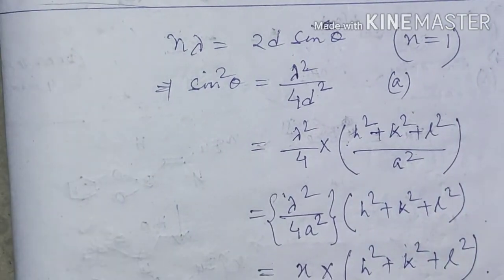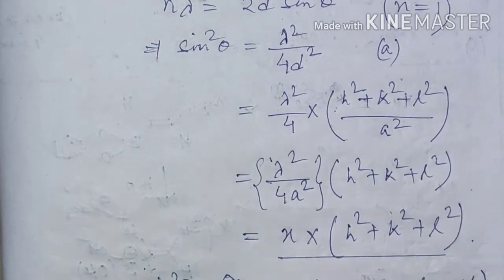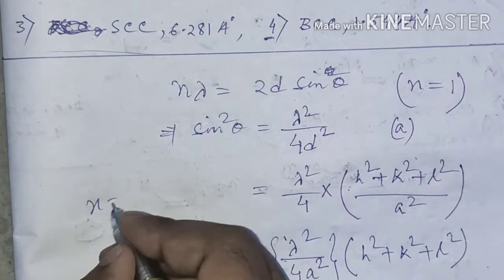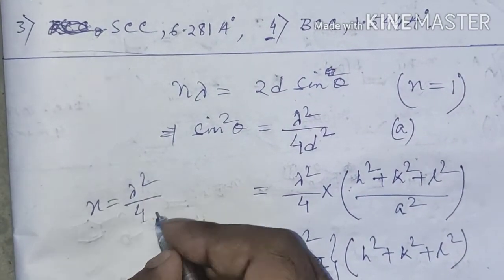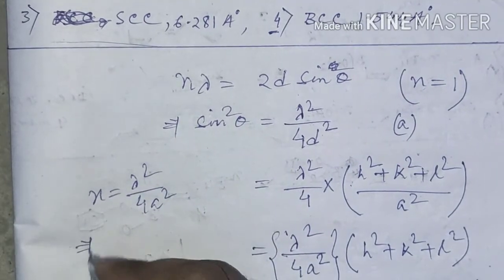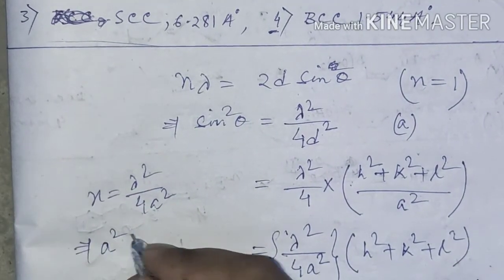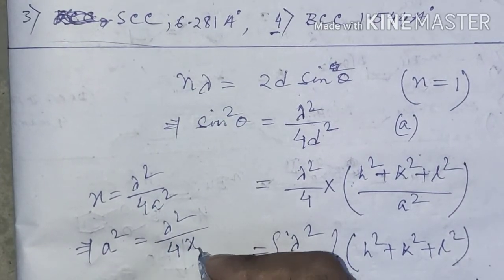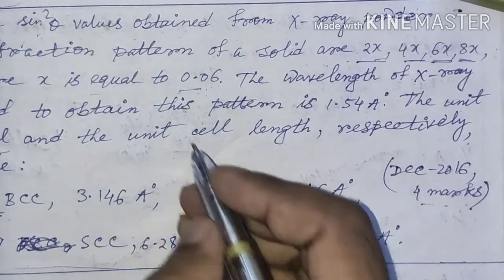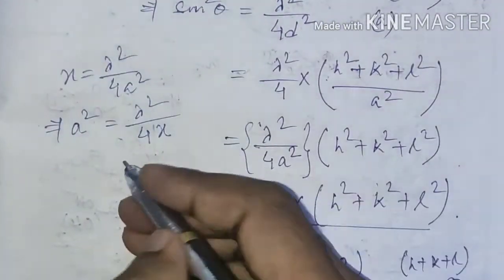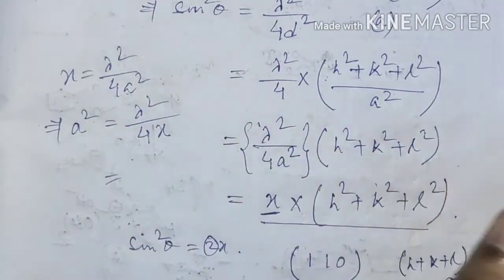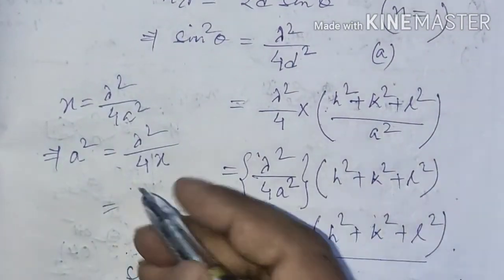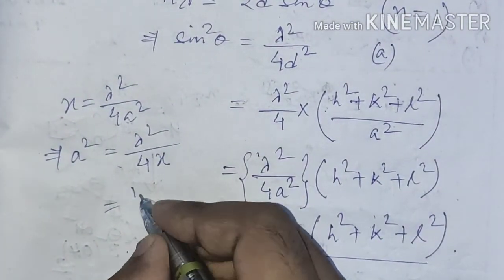Next we have to calculate the unit cell length. To calculate this, we can use x equal to lambda square by 4a square, and from this a square will be lambda square divided by 4x. Since the value of x is given as 0.06, we can put the value here, and lambda is 1.54 Armstrong.